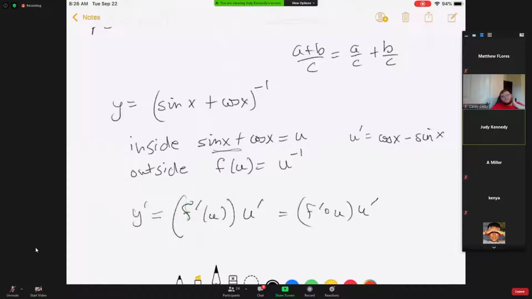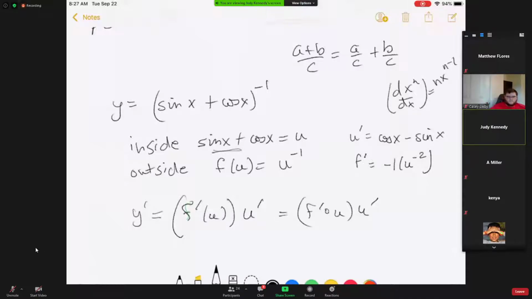And f prime is, okay, it's a power rule, so minus 1 times u to the minus 2. Remember, the derivative of x to the n with respect to x, not with respect to n, is n x to the n minus 1.